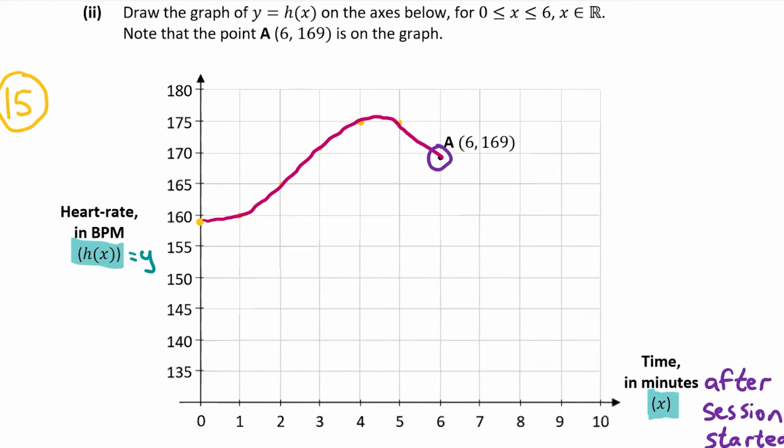So after 6 minutes, Joseph's heart rate is 169 beats per minute, and that's essentially what coordinate A represents. So it's 6 on the x-axis, which means it's 6 minutes after the session has started, and it's 169 on the y-axis, which means his heart rate is 169 beats per minute. So therefore, the coordinate A represents that after 6 minutes of the session starting, Joseph's heart rate is 169 beats per minute.